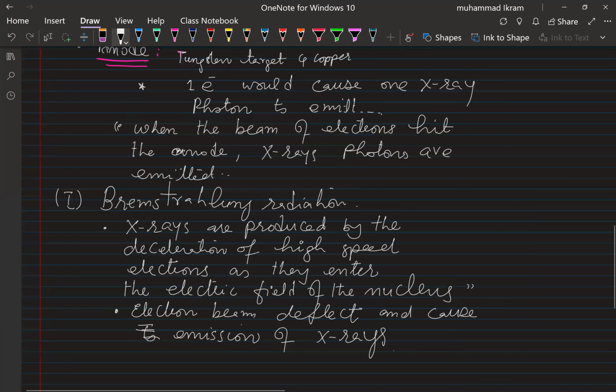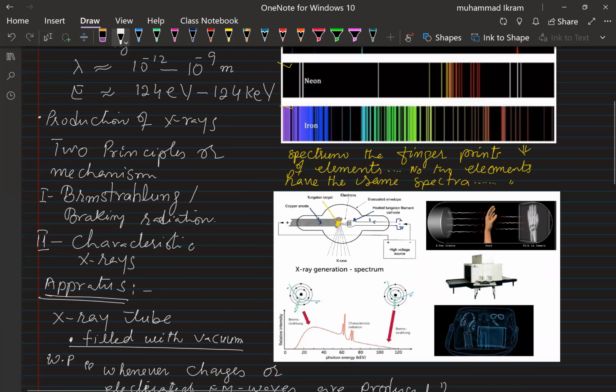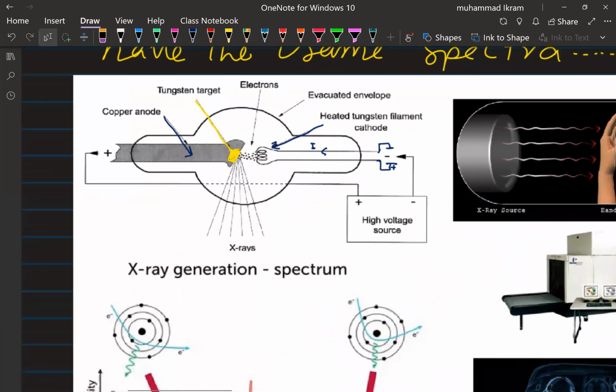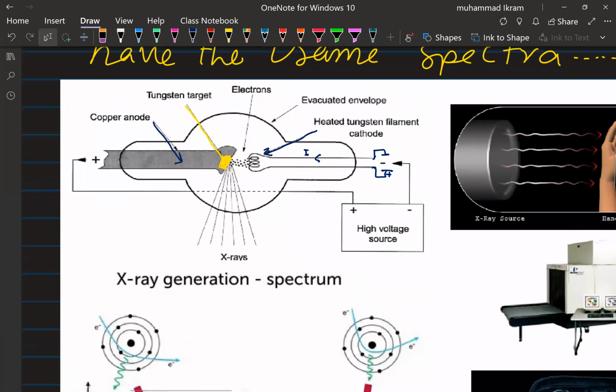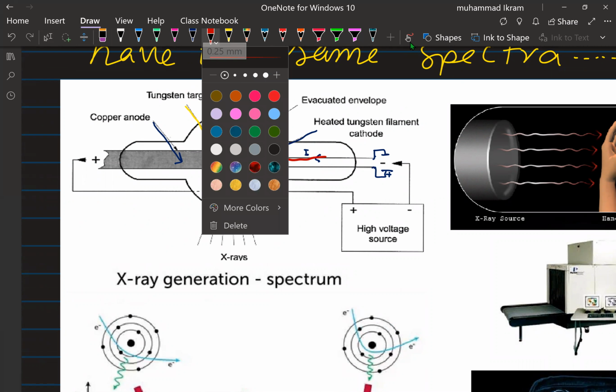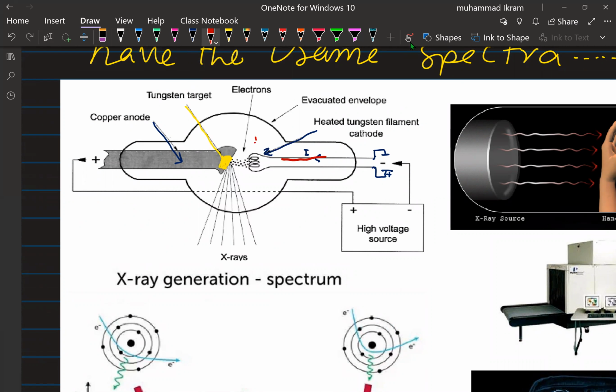Now let us see here. Let me explain what is going to happen. As you know, when the current flows through the filament, the filament is heated. So this is thermal radiation.